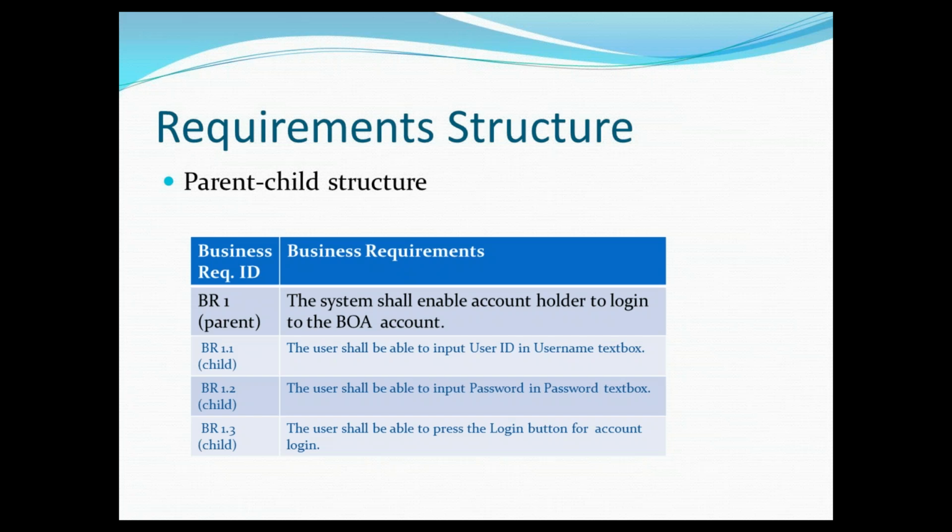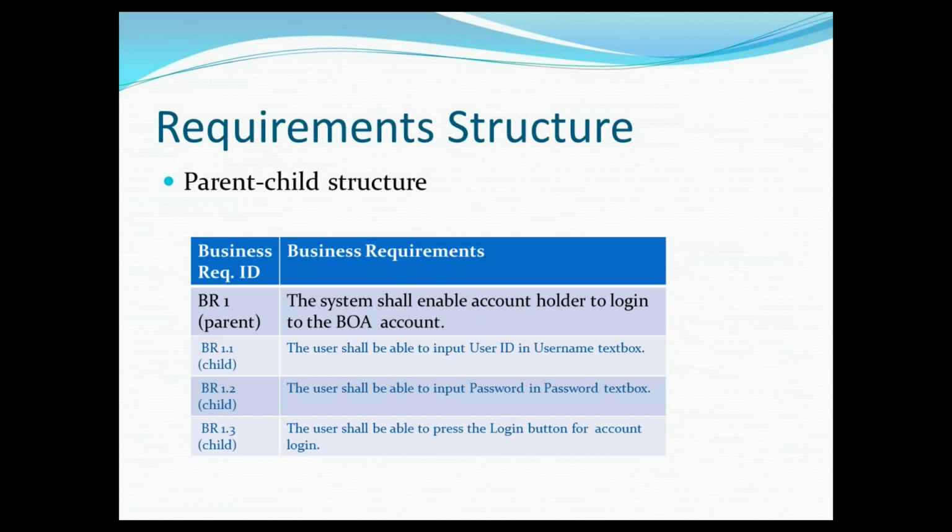So if you look at the first statement, the system shall enable account holder to log in. It's a very vague statement. It's a very broad statement. Okay, great. How? How does the system enable someone to log in? So the first statement is a parent requirement about having someone be able to log in.